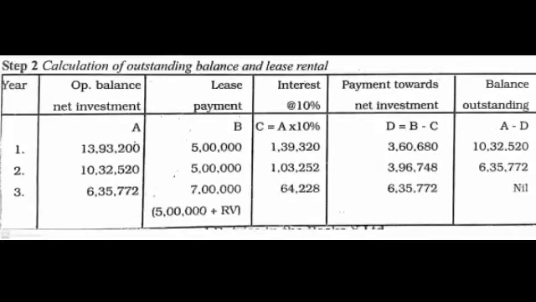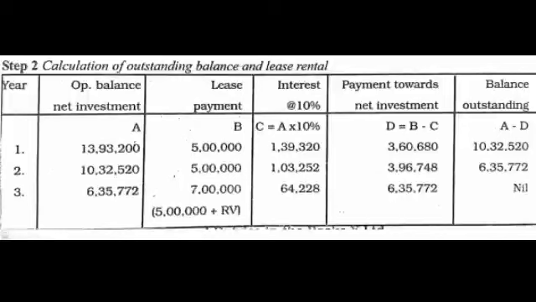After this, we want to calculate the outstanding balance and lease rental. Outstanding balance is the amount payable after each period. Then the lease rental is the amount paid for the lease without interest.